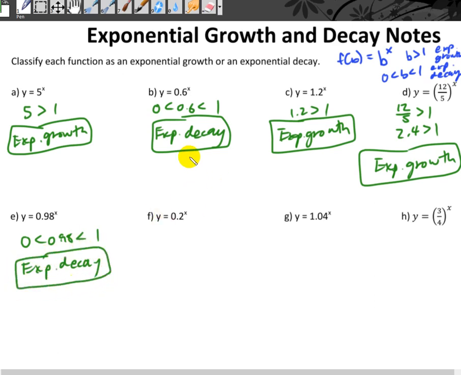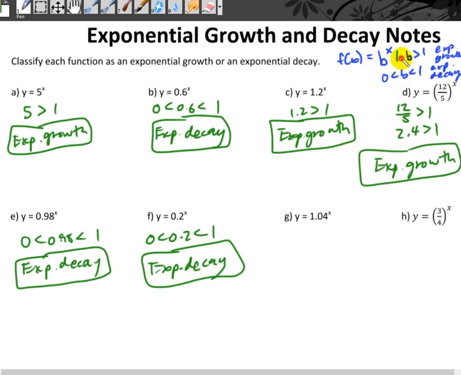All right, this one, 0.2. 0.2 is between 0 and 1, so same idea. This is going to represent exponential decay. Okay, 1.04. In this case 1.04 is greater than 1, so this is representing exponential growth.